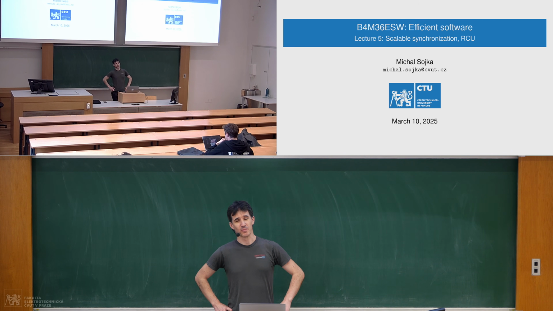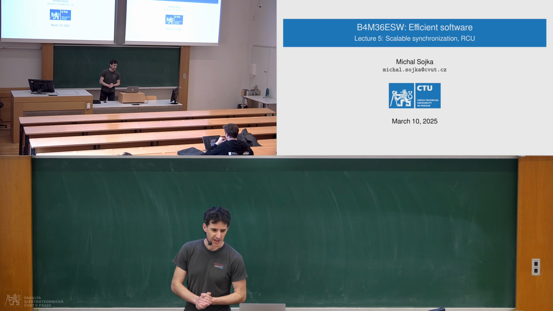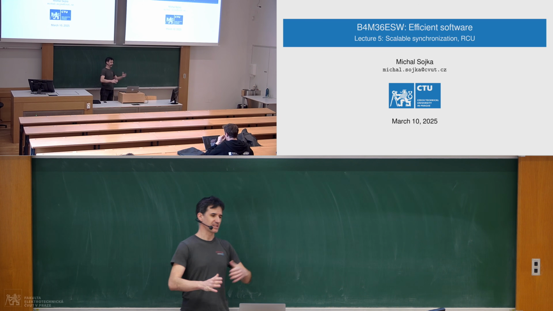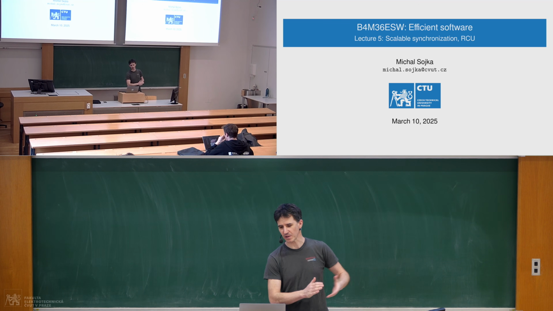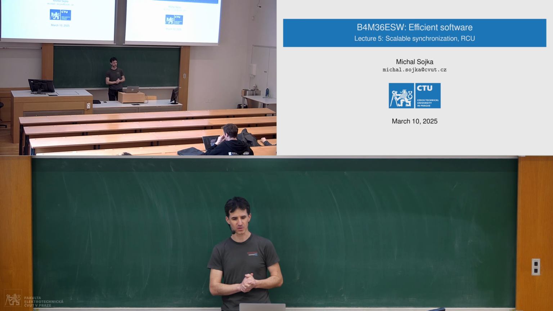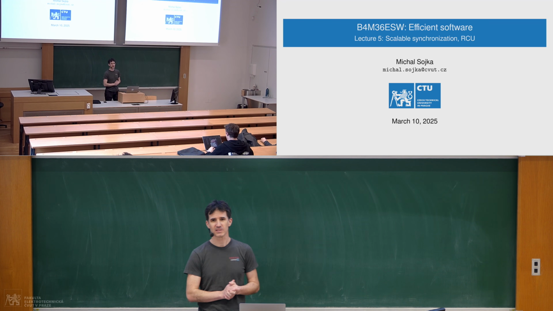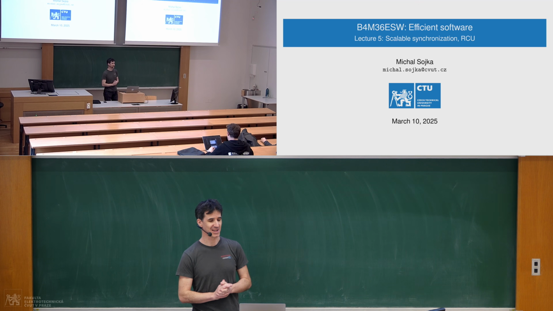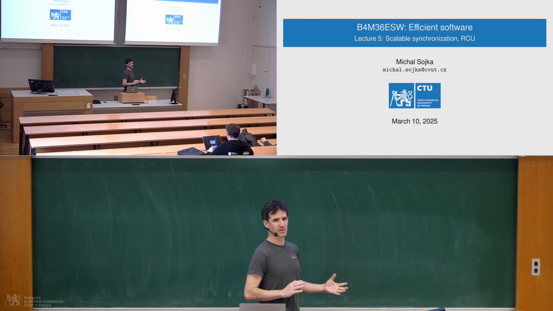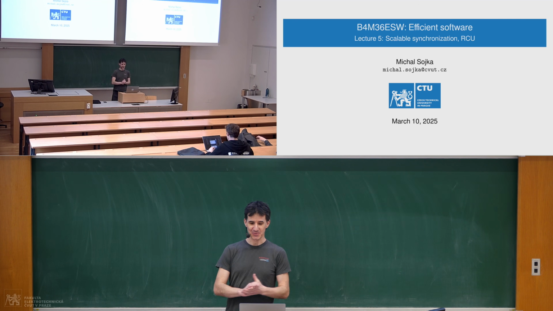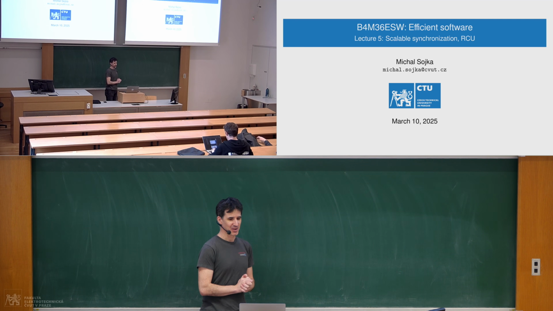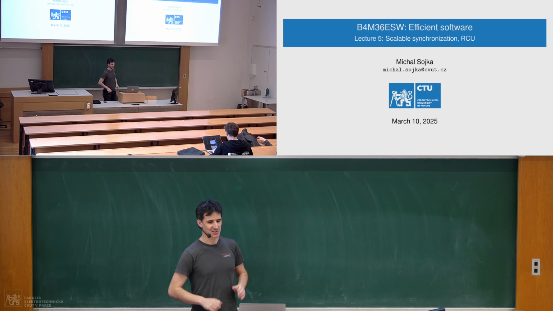I guess that most of you, or that's my experience from other students, somehow understand that memory can be slow, and working efficiently with caches and memory makes your program faster. But my experience is that understanding synchronization is much more difficult, and students at the exam often do not understand it well.